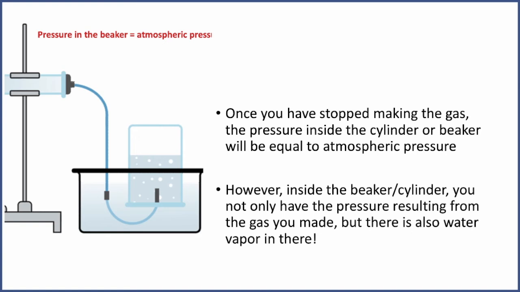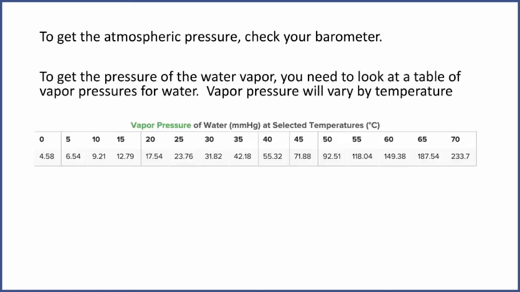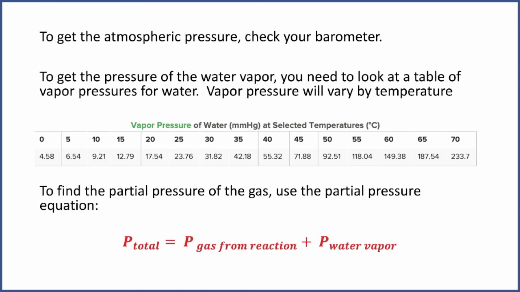In order to find the partial pressure of the gas you're collecting, it's going to take a few steps. First, check the current atmospheric pressure using a barometer. Then, measure the temperature and look up the partial pressure of water vapor at that temperature from a table. Once you've done this, you can use Dalton's law of partial pressures to figure out the partial pressure of the gas that was produced by the chemical reaction.